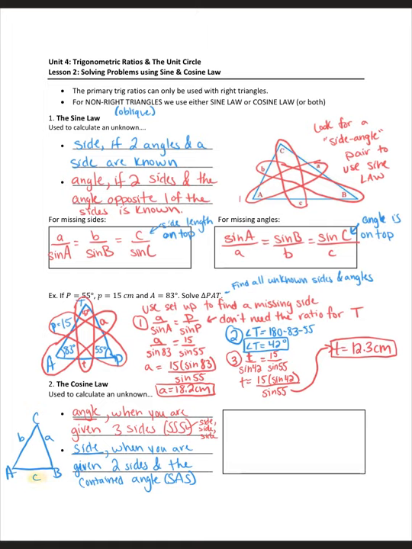So if I was to say side b and side c, and the angle contained between those two sides, that would be an example of side angle side, where you have one side, and then as I rotate around the triangle, I have side, I have angle, I have side. So that angle is contained between those two sides.